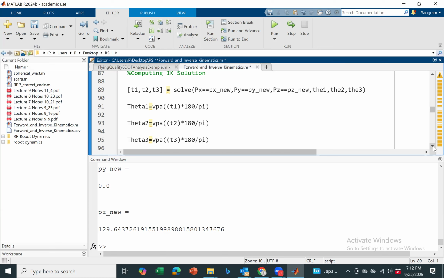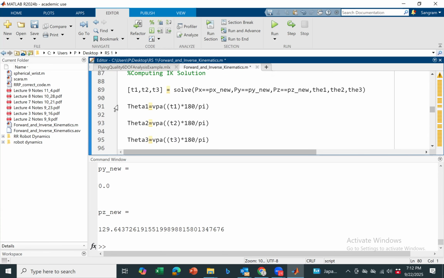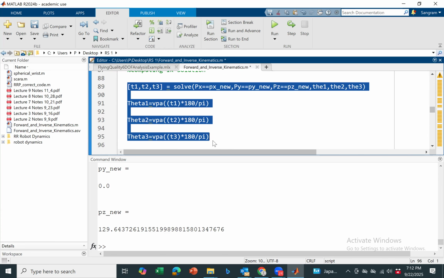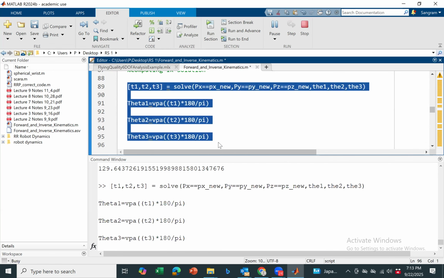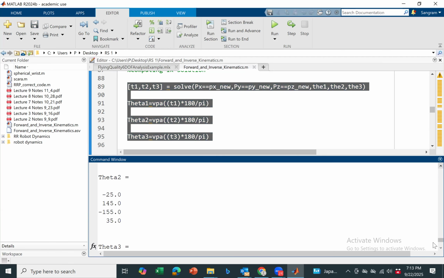Now, when you work out the inverse kinematics, you can find the inverse kinematic solution, run this script, and if everything is correct, you should get the same angles that you substituted. Now, as I said in the last class, inverse kinematics may give you multiple answers.